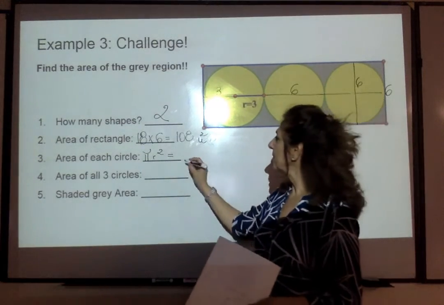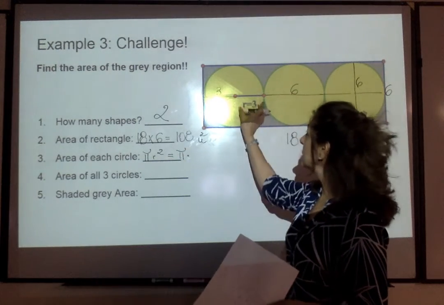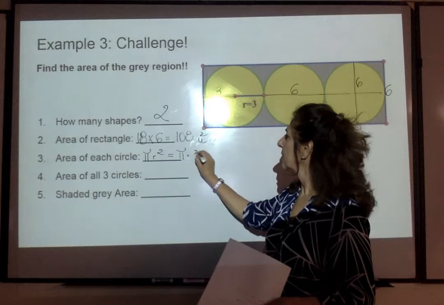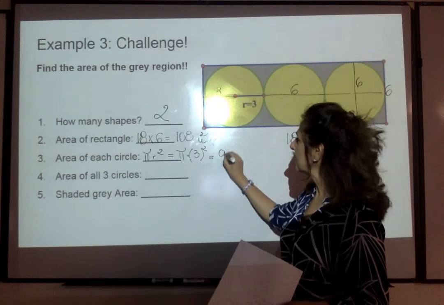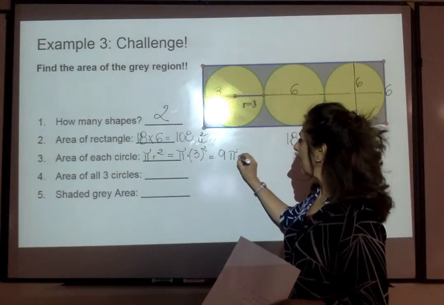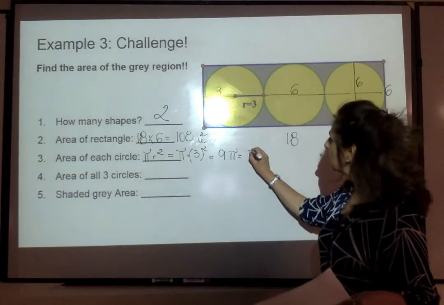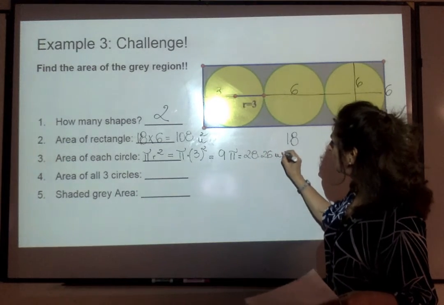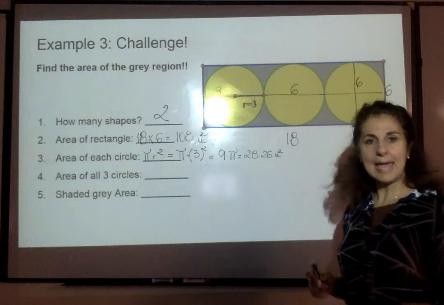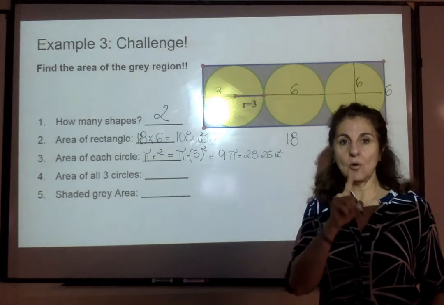So here I have pi times my radius, which is 3 squared, which makes it 9 pi, which is 28.26 units squared.